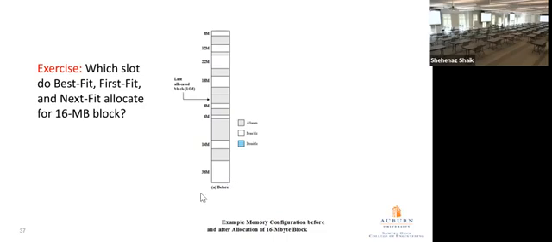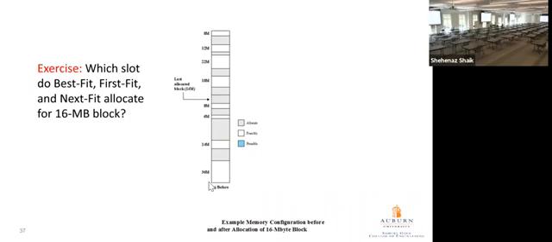Right? So from these, based on the best fit approach, we allocate the second one, the 18 megabyte one, because it results in the least sized hole, which is 2 megabytes. Okay. And similarly, if we follow the worst fit approach, then we would be allocating the bottommost one, the 36 megabyte one, and that will result in a 20 megabyte hole that can be used again for any of the future requests.